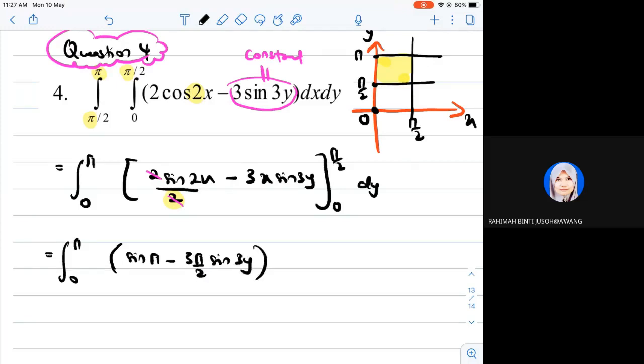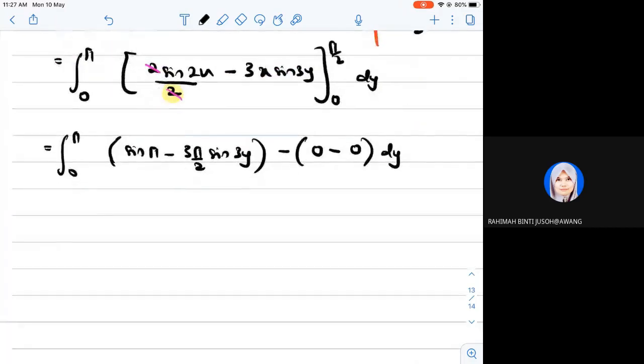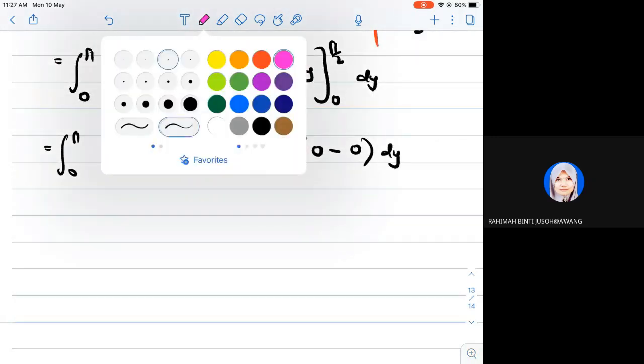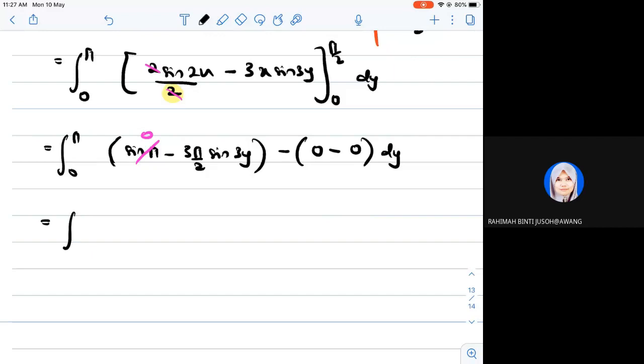Nampak tak? Saya gantikan dekat x, bukan dekat y. Y tu belum ganti lagi. Jangan usik y tu. Minus sin kosong, kosong. Minus 3 darab kosong pun kosong lah. dy. Okay, sin pi is 0. So, ini 0. Now, integrate 0 until pi negative 3 pi over 2 sin 3y dy.